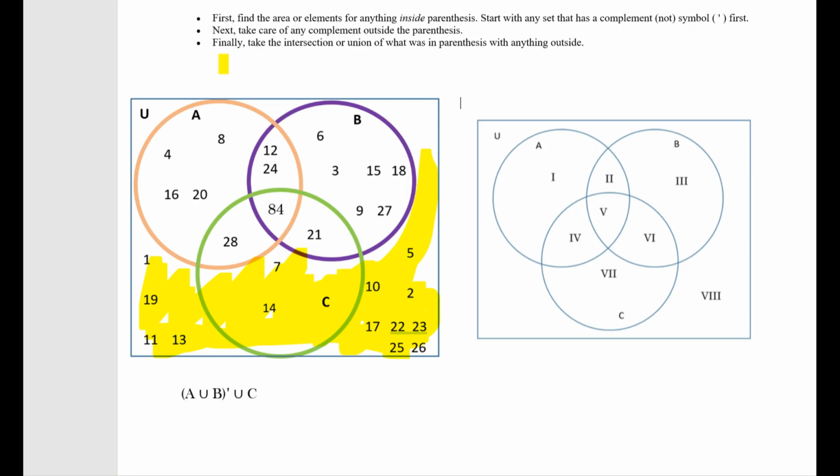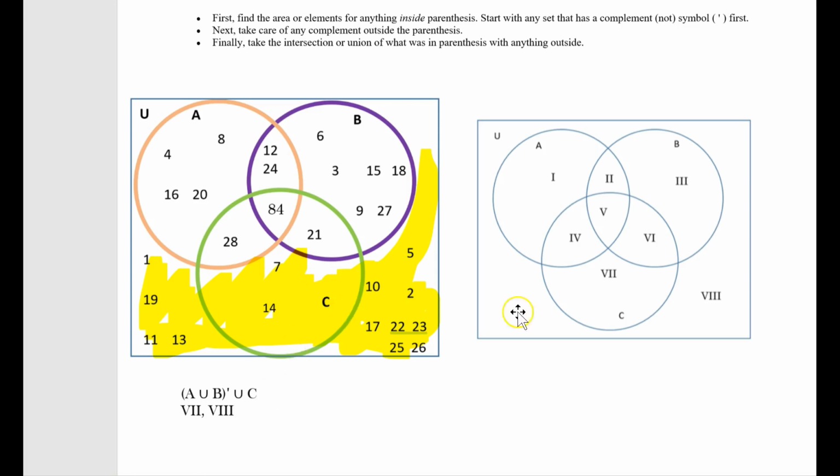And then if we're doing the regions over here, we can say, okay, everything that's not in A union B, look, that's only these two regions. That's region 7 and 8, just for the starting spot here. 7 and 8, those two regions.